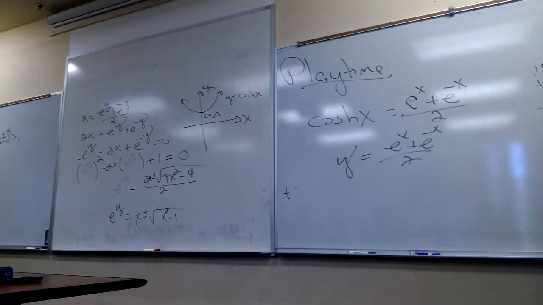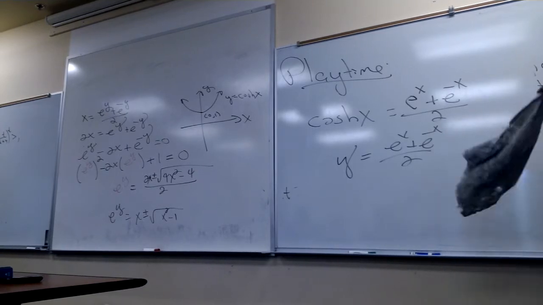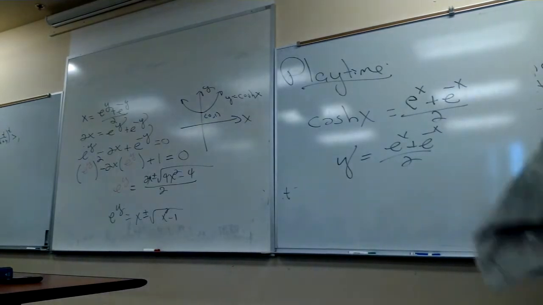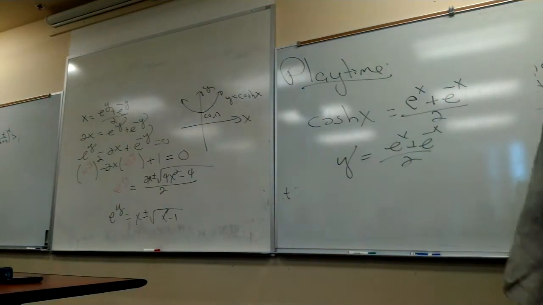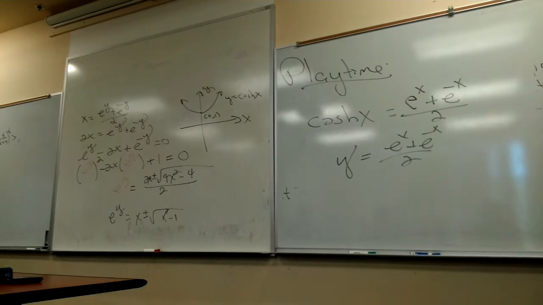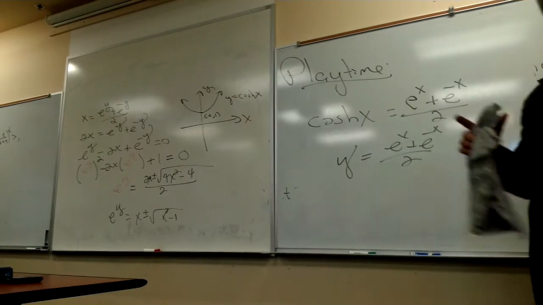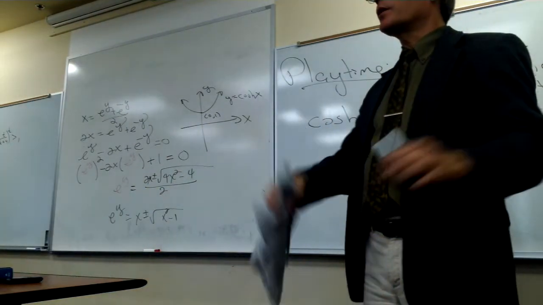I want to say between pi and negative pi. Oh, you're saying there are vertical asymptotes. There aren't. Oh, okay.